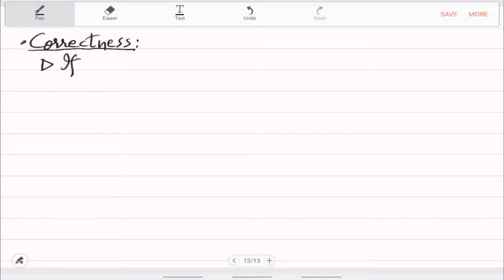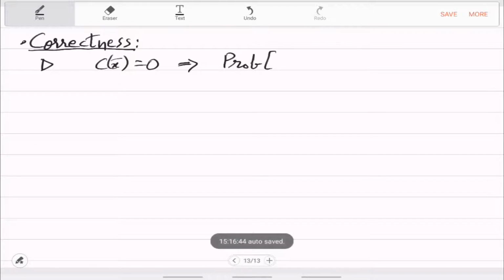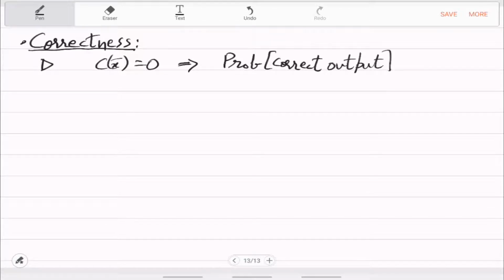So, if the circuit is actually 0, then the probability over the random choice of output being correct, which is saying 0, outputting 0, that will always happen. If circuit is 0, it evaluates to 0, so the algorithm will give the correct output.